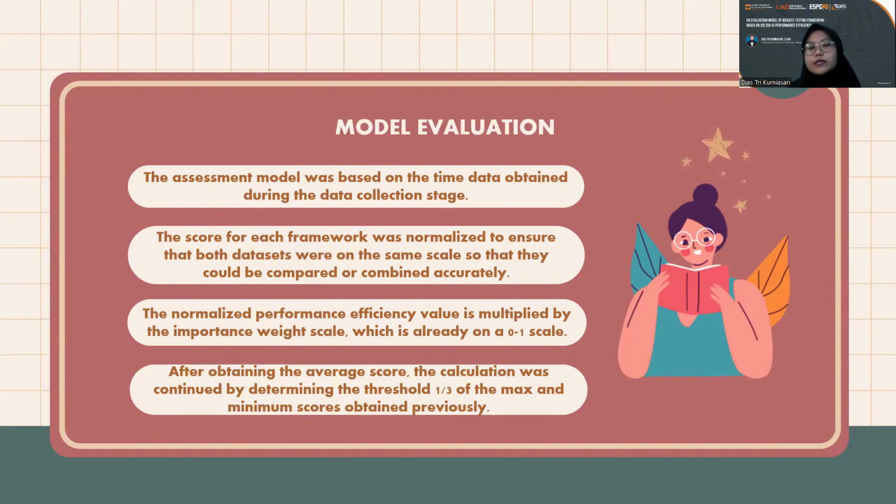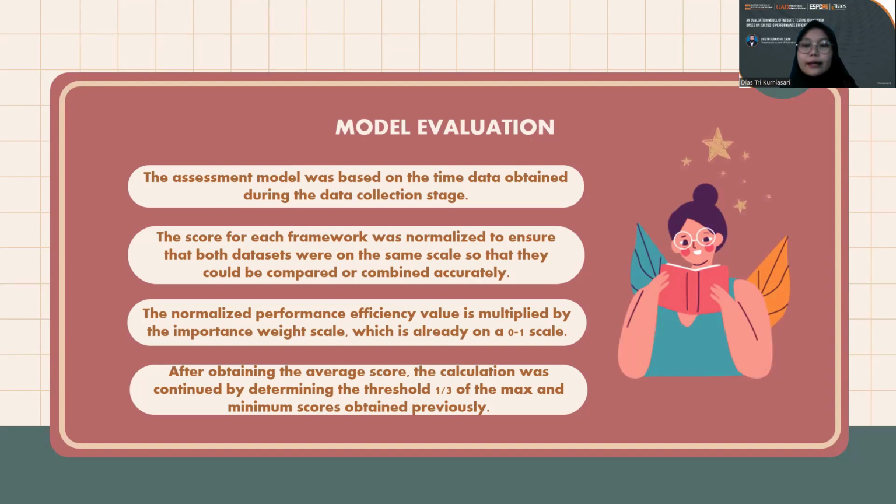The normalized performance efficiency value is then multiplied by the importance weight scale, which is already on a 0 to 1 scale. After obtaining the average score, the calculation continued by determining the threshold, 1/3 of the maximum and minimum score that we got previously.